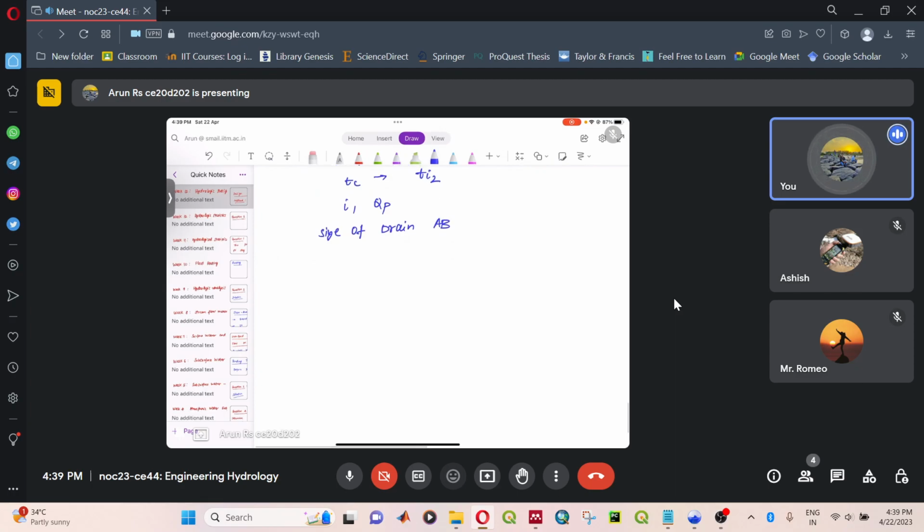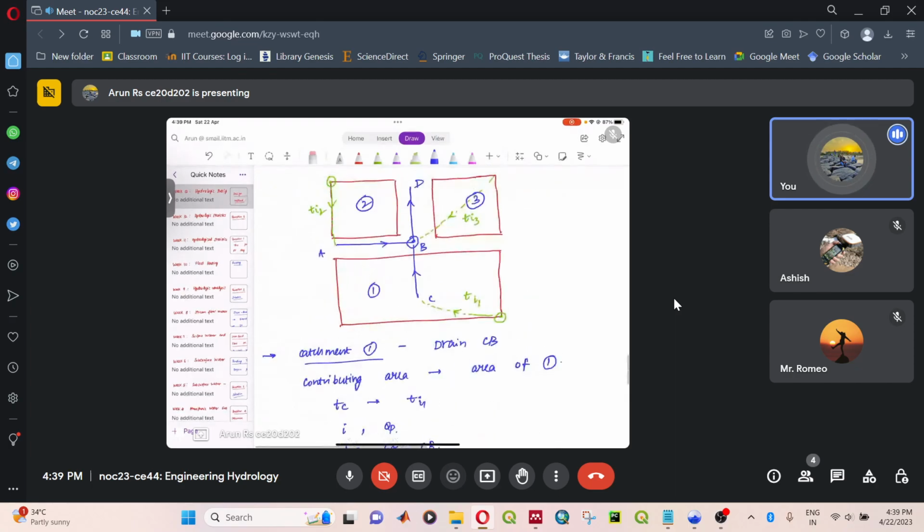Once you calculate the size of drain AB, you can find out the channel flow time for the drain AB. So that will be length of the drain AB by V2. Similarly, for catchment 1 it is length of the drain CB by V1. So you will get this. So these two are simple cases.